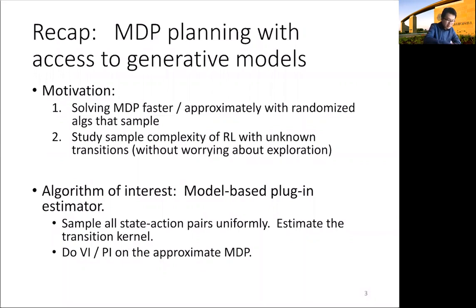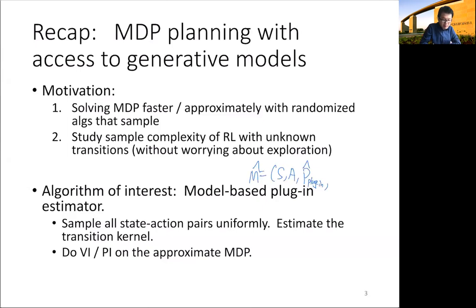The idea is basically to create an approximate MDP with the same state and action space, but with P replaced with P hat. And this P hat is just a plug-in estimator, simply using the empirical averages, the observed frequency of the state transitions, as a surrogate of the actual probability of the transition.